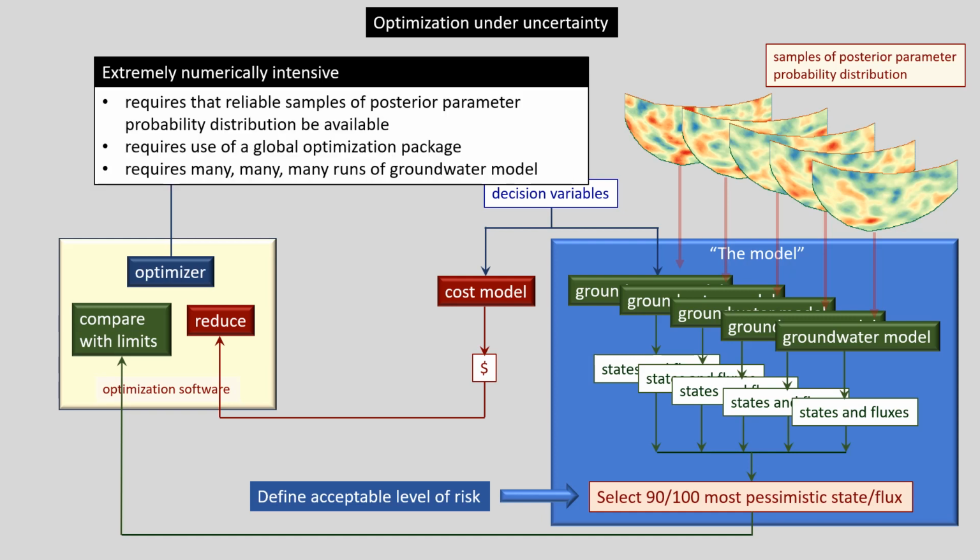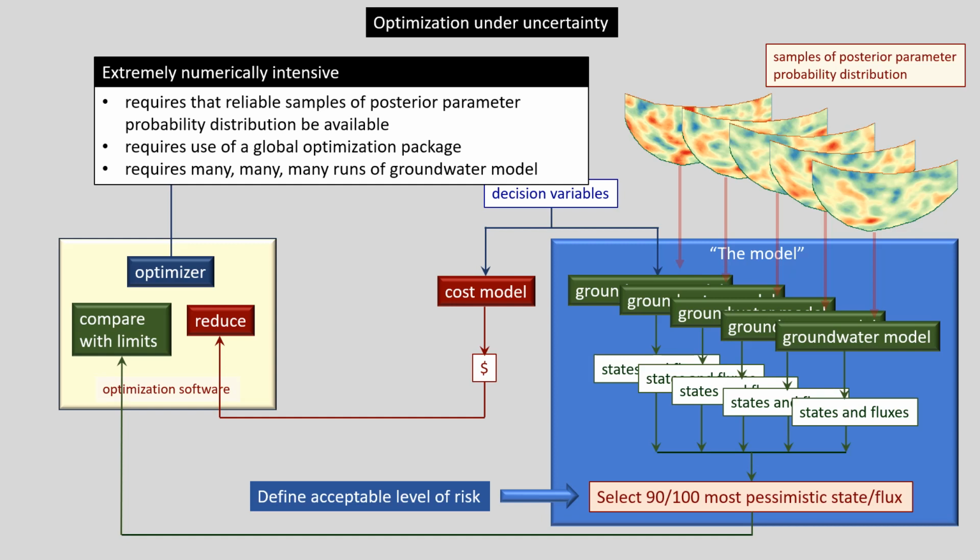So optimization under uncertainty requires that the groundwater model be run many times. Now there are some clever algorithms that allow us to reduce perhaps the number of samples that we use as time goes on, but nevertheless we can never get away from the fact that each time a set of decision variables is chosen, the groundwater model has to be run many times based on samples of the posterior probability distribution of parameters which we believe are credible.